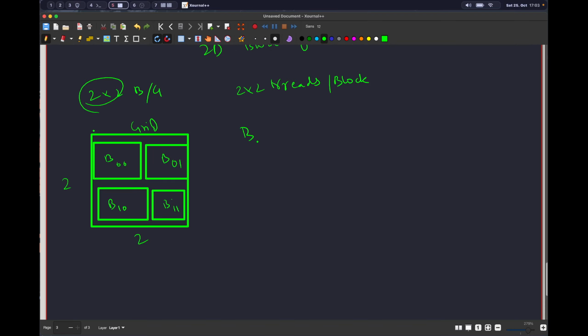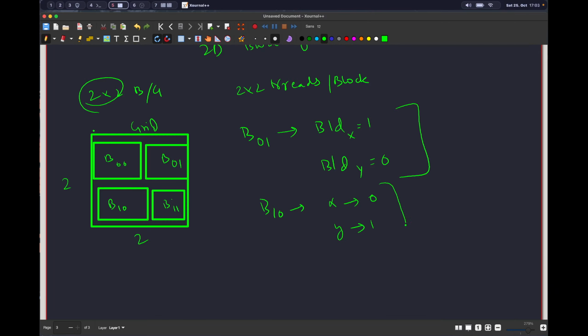Now block 0, 1 means block ID X would be equal to 1 and block ID Y is 0. You can define it like this. Same goes for block 1, 0: the X dimension is 0 and the Y dimension is 1, identifying the row and column.